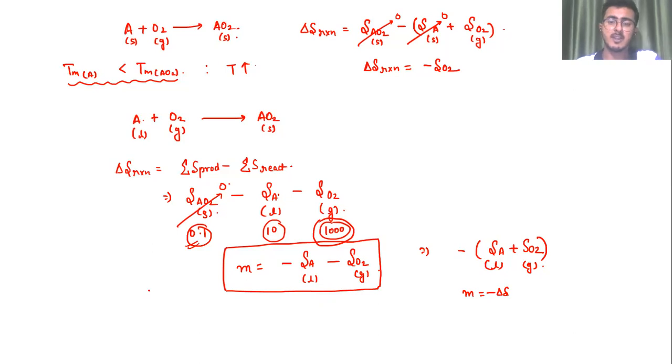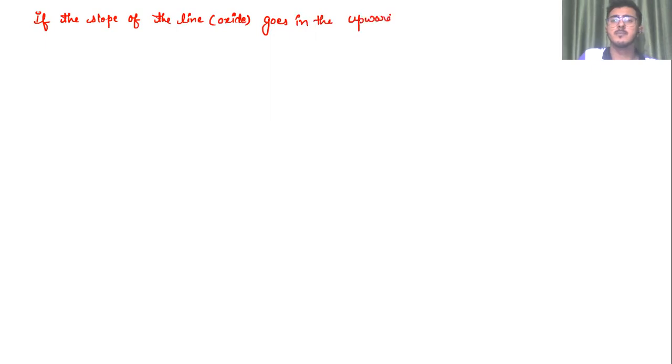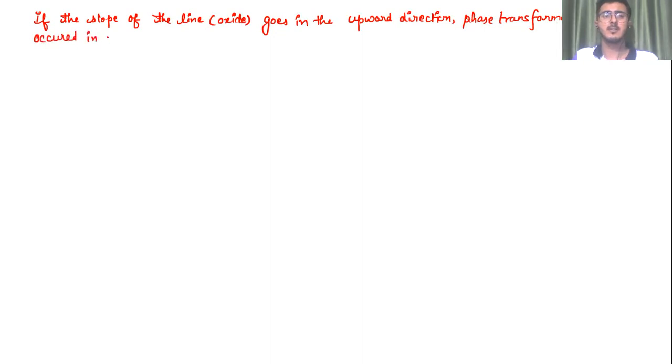So you can write this point: if the slope of the line, we are talking about the oxide line, goes in the upward direction, then definitely a phase transformation has occurred in the reactant side.